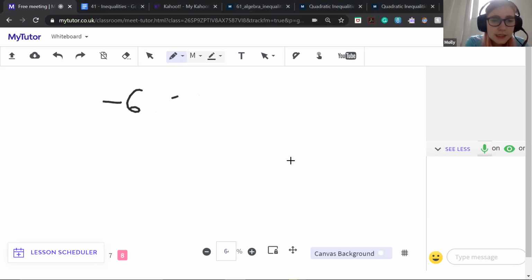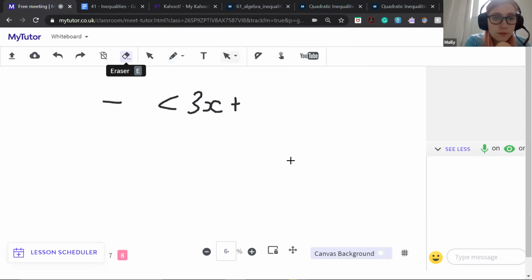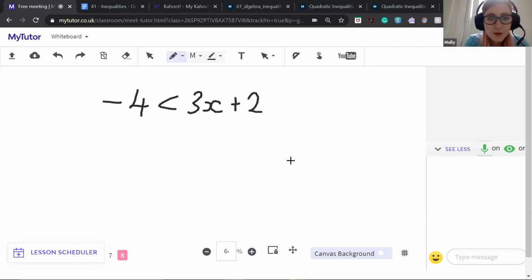minus 4 is less than 3x plus 2 is less than 11. Gosh, that took some thinking about to make sure that the numbers are going to be right.